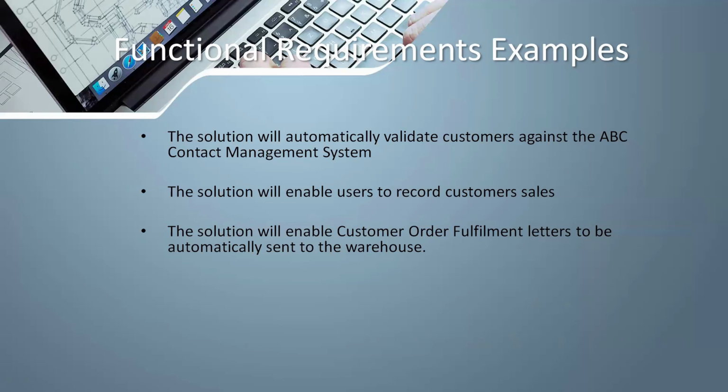So the feature will validate. When you enter customer information, it will validate if that customer is there in the ABC contact management. So the ABC contact management system is another database, right? It could be a part of the project that you're doing, or it could be part of an already developed project. Already there's a system and your system needs to connect to that system, or it could be part of the same system, right?